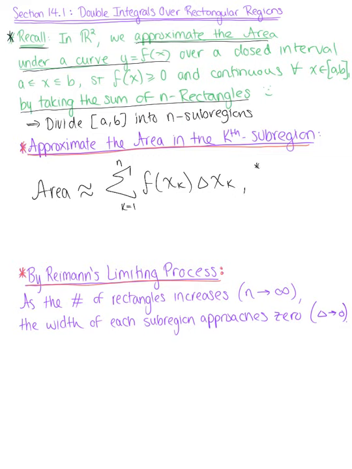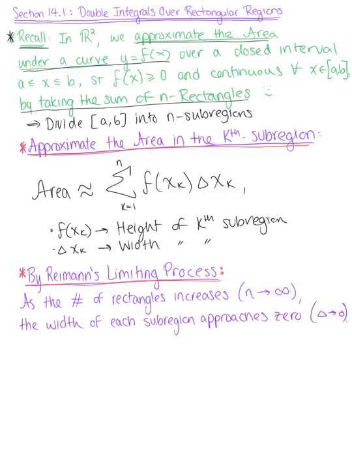And this is where your f of x sub k represents the height. So we know that f of x sub k is the height of that kth subregion, and delta x sub k is the width of our kth subregion here. So this gives us an approximation for the area by taking the sum of the area of each rectangle.